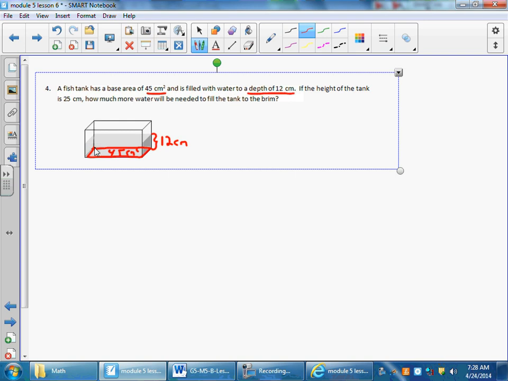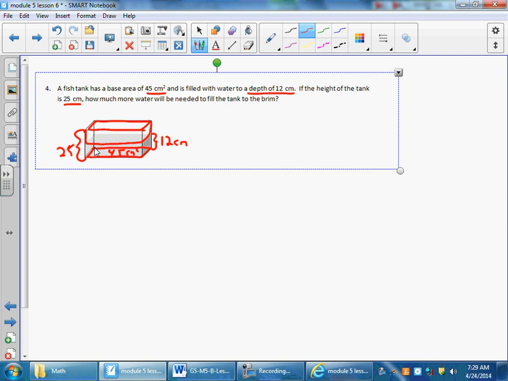Depth is height. If the height of the tank, the total height, is 25 centimeters, how much more water will be needed to fill the tank? So I'm looking to fill the rest of this space.